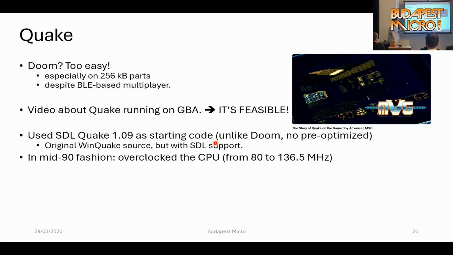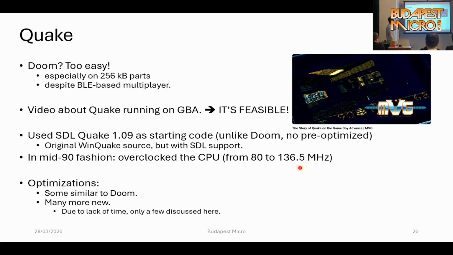And following the mid-90s fashion, I also overclocked the CPU from 80 to 136 megahertz, although the datasheet doesn't say it's not possible. And about optimization, most of them are the same as in Doom, but there are many more new ones, and due to lack of time, I will only speak about a few of them.